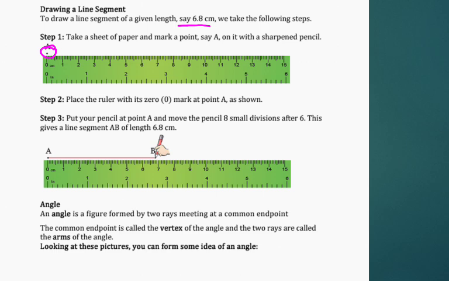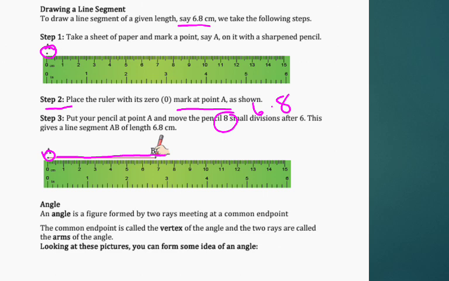Step 2: place the ruler with its 0 on the point A. Next, put your pencil at point A and drag your pencil and move it to B, a small division after 6. This gives a line segment AB, moving the pencil to 6.8 here.